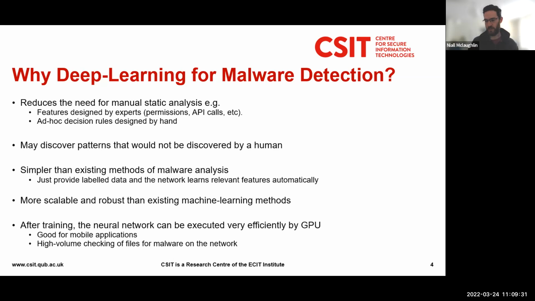And you can also do potentially very high volume checking of files over network. So obviously, if you have a big network, you may have maybe thousands and thousands of files coming in all the time. You need to be able to scan those files very quickly and check if there's malware presence. So by building a neural network-based malware detection system, running on the GPU, it's a very efficient, very fast way to do your malware detection.